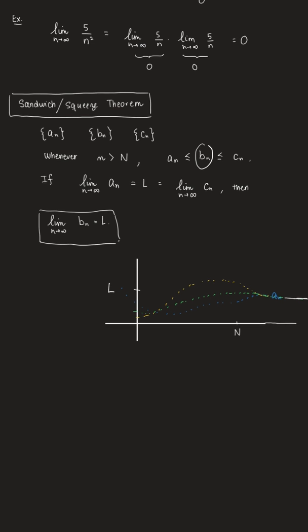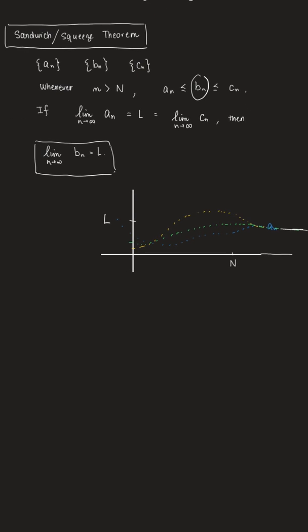For example, just a real example here, let's look at the sequence cosine of n divided by n. If we look at this specific sequence, one thing we can say is that values of cosine are always less than or equal to 1 and greater than or equal to negative 1.